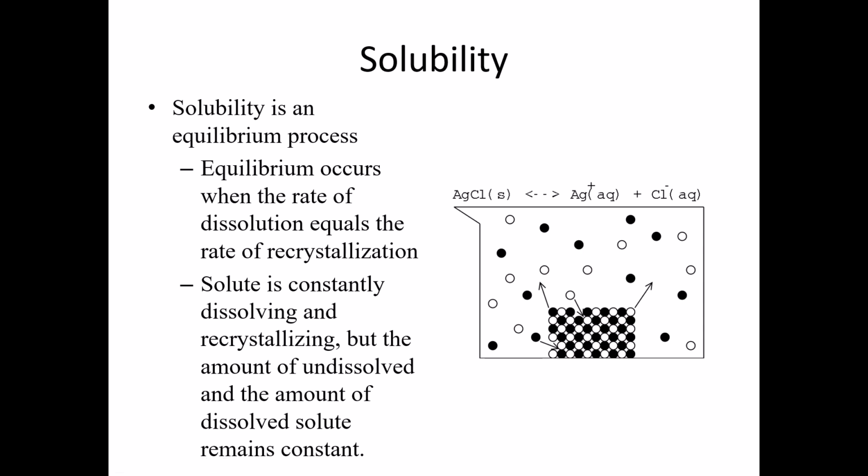Both of these processes are occurring at the same time, and when they reach the same rate, we are at an equilibrium. So solubility is an equilibrium process. Do we have more of the solute dissolving, more of it recrystallizing, or are they occurring at equal rates?